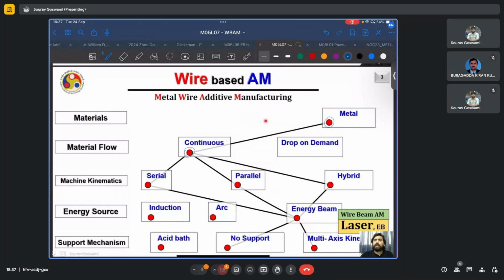The machine kinematics is the choice of the manufacturer or the designer. The energy beam is a laser beam. Again, either we build simple geometries which do not require supports, or should overhangs be present, we need to use a multi-axis kinematics table or a robotic arm. Robotic arm and a multi-DOF table also differ in certain aspects, which we had discussed in the previous weeks.